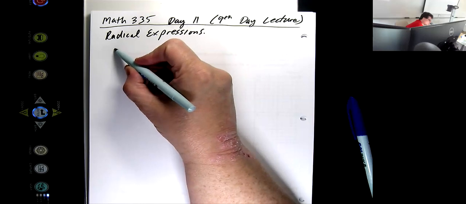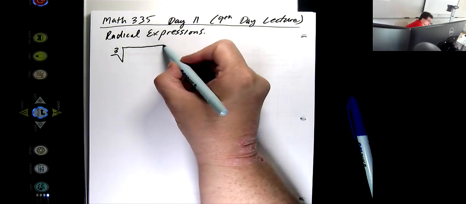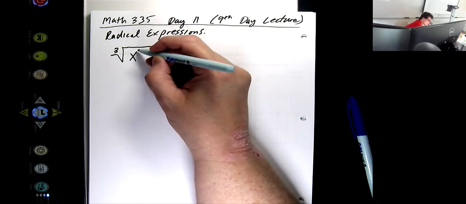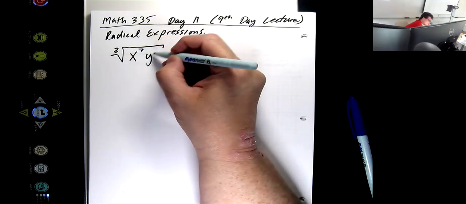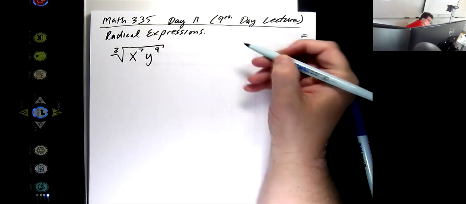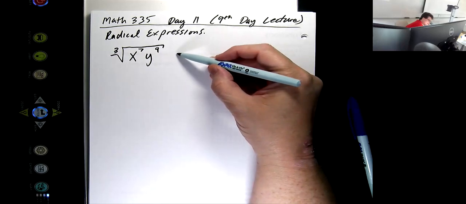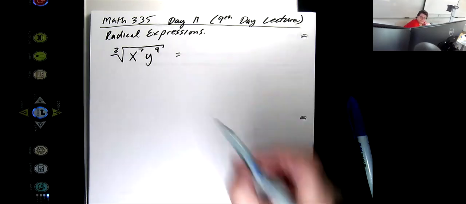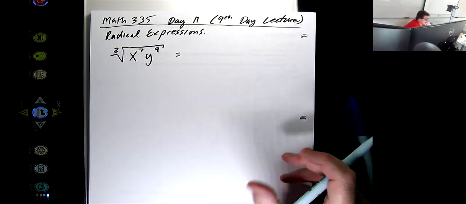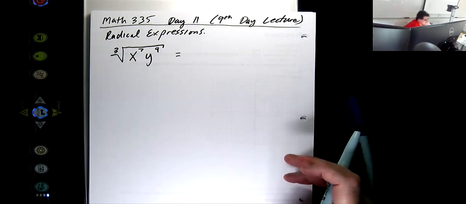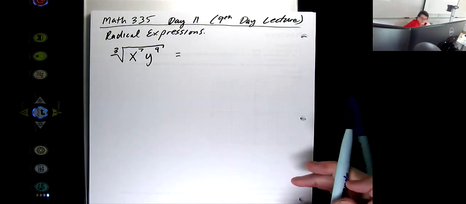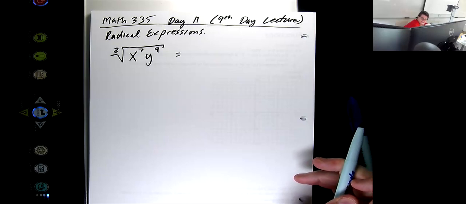If I have the cube root of x to the 7th power, y to the 9th power, how does this simplify? Any ideas?